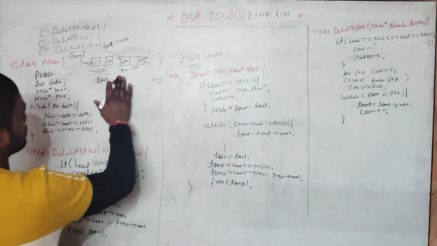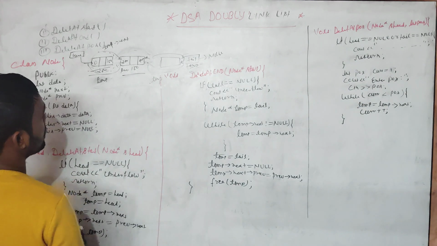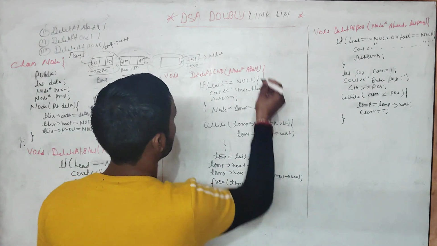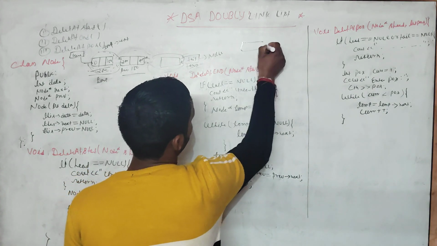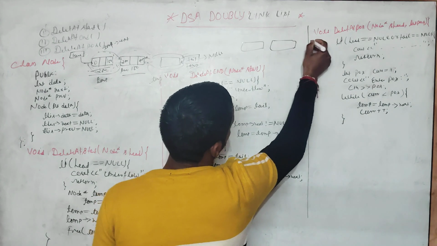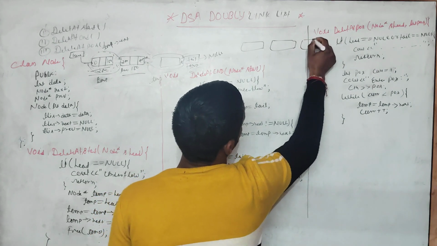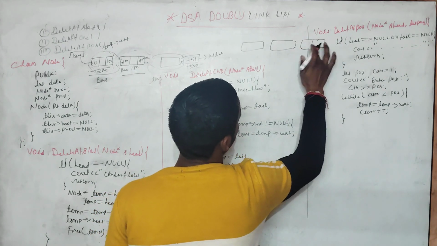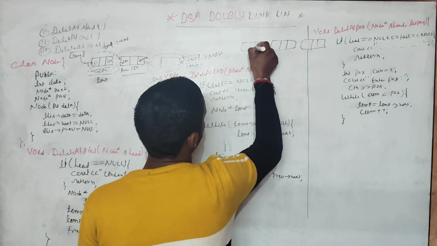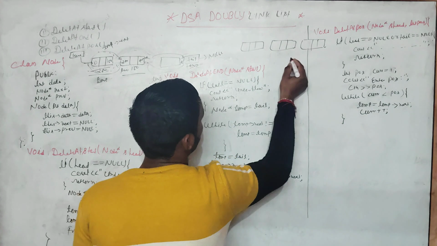How can I delete? I want to delete this node. Suppose I'm just making one figure diagram. Suppose I want to delete this node.